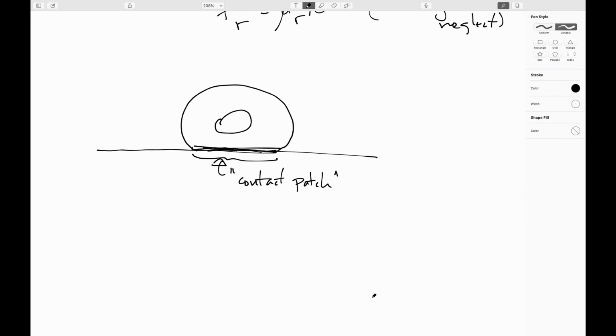Let's say the tire is rolling like this so that it'll be moving forward like that. If this is attached to a car or something like that, there's going to be air resistance pushing against the tire or pushing against the car.